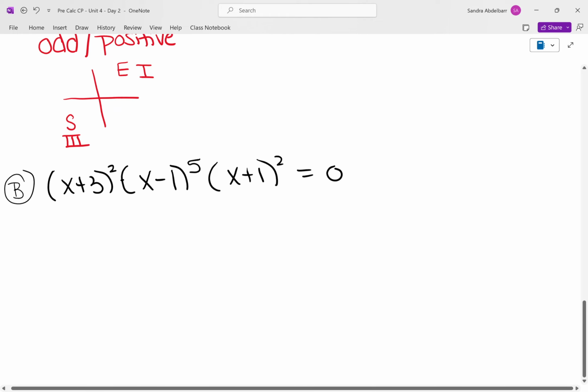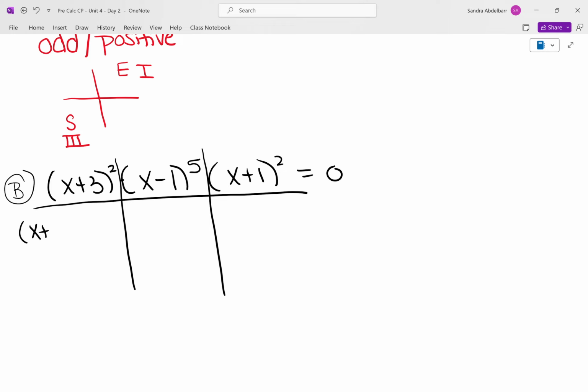So that just means we take each one and set it equal to 0. So we're going to say (x plus 3) squared equals 0, (x minus 1) to the 5th is equal to 0, and (x plus 1) to the 2nd is equal to 0.